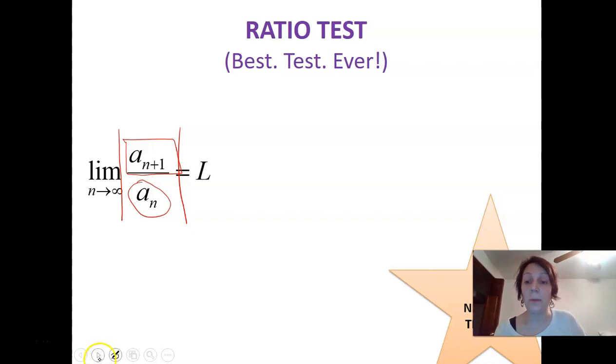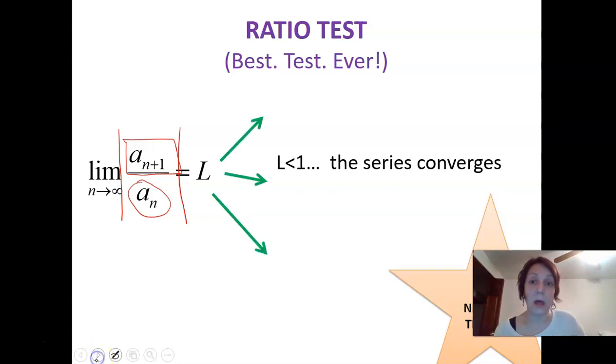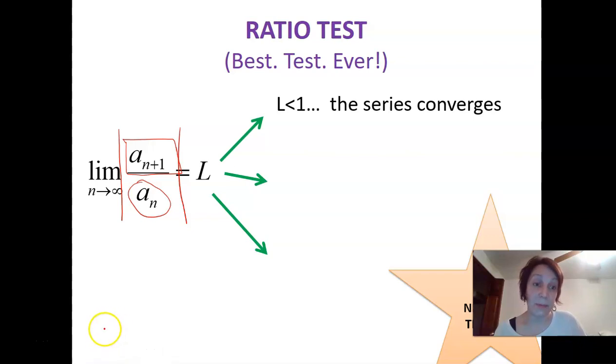Okay, so like I was saying, one of 3 things is going to happen. The best thing that could happen for us is that the number that comes out of this limit is less than 1. If it's less than 1, that's convergence, kind of like geometrics. Right? If it's less than 1, that means your terms were getting smaller, and they were getting smaller quickly enough that as you approached infinity, this limit came out to less than 1.